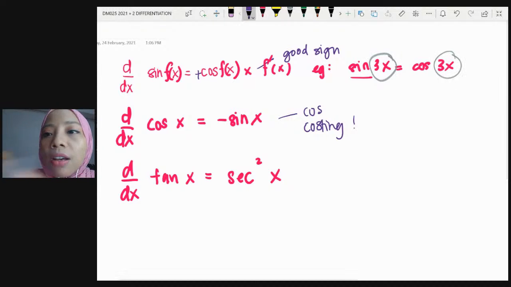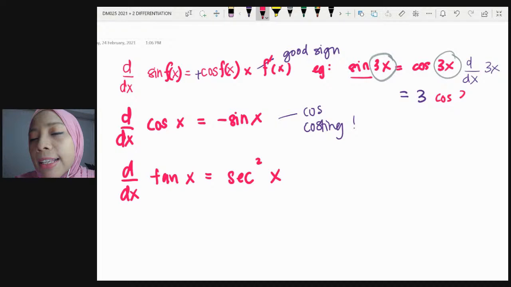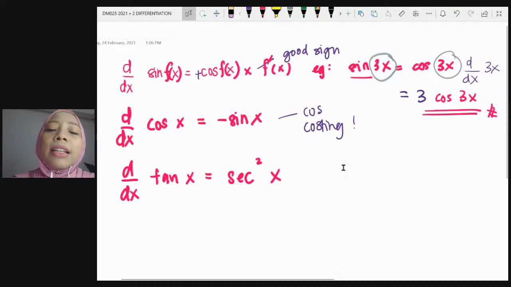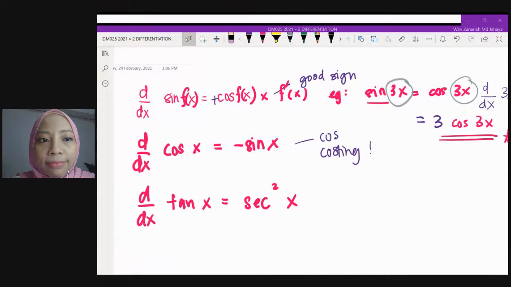And then don't forget to multiply with the derivative of 3x, which gives us 3. So the answer would be 3 cos 3x. Is everyone clear? Let me look at the comments.